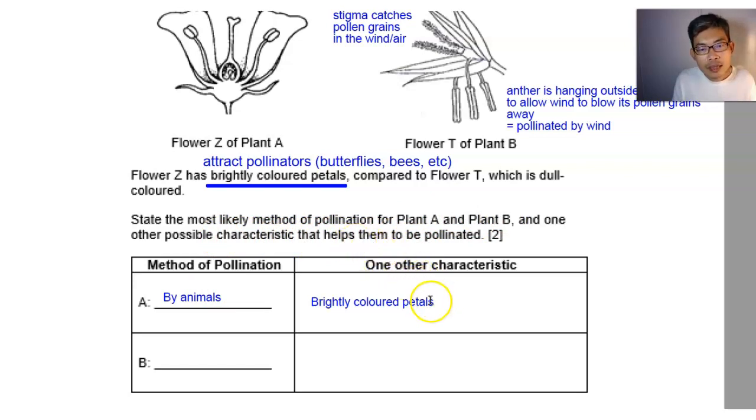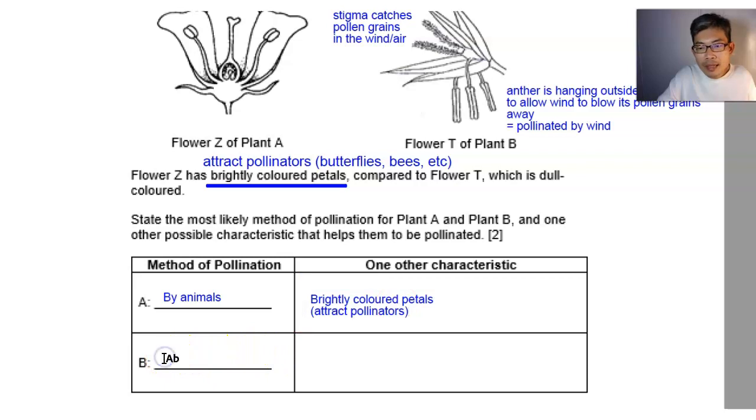Since it says that, I think in this question there's no need for an explanation, because it didn't say, explain how this characteristic helps them to be pollinated. You just need to state it. However, for the purpose of teaching, I shall explain it here. So I put in brackets, which means it's not necessary for this answer. Attract pollinators.